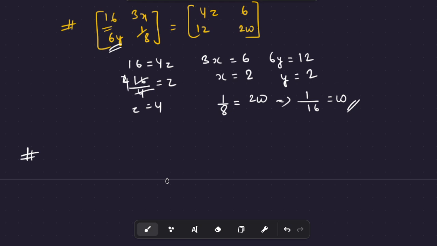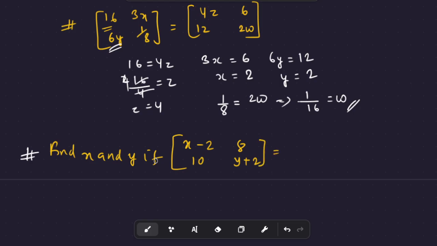Find the values of x and y if the matrix [x minus 2, 8; 10, y plus 2] equals [2, 8; 10, 6].